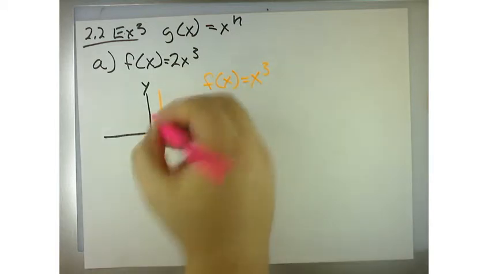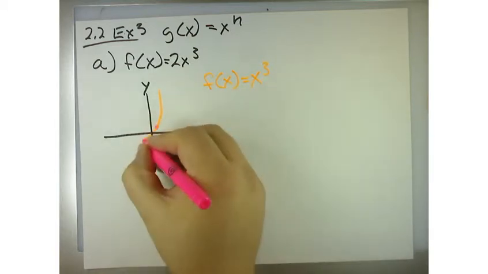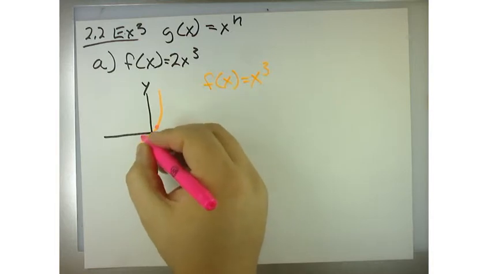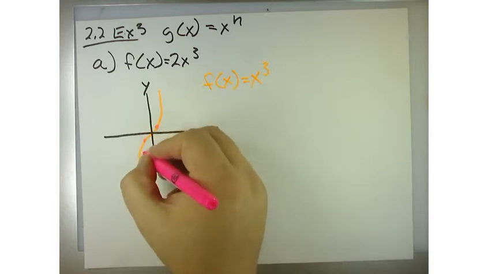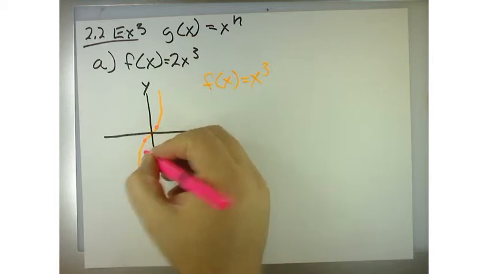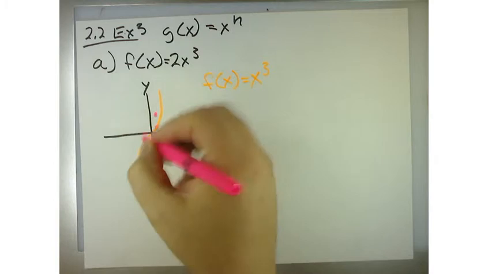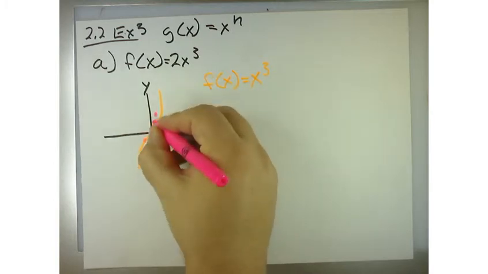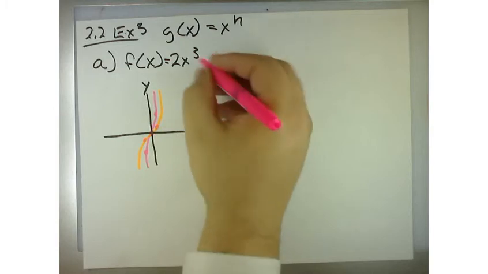Well, I'm going to pick 2 points on the line, this point here and this point here. By multiplying it by 2, we're taking whatever that y value is and making it twice its value. So assume that this is negative 2. Well, when I multiply negative 2 by 2, it becomes negative 4. And the same here. Now 0 times 0 is just 0, so my graph should look like this, right?